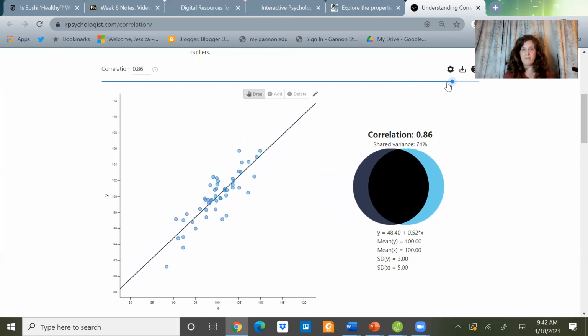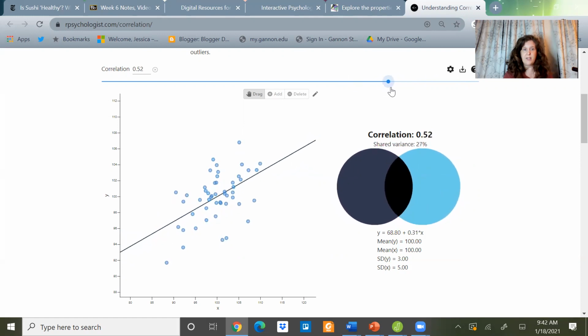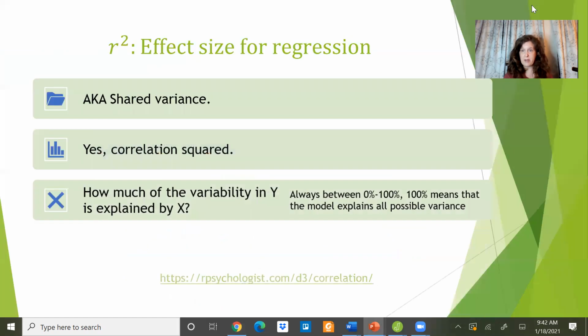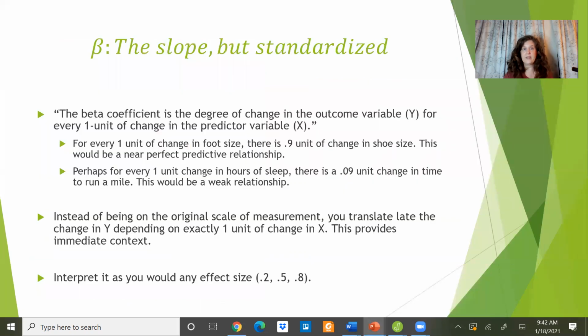But again, as a review, you can see how the slope and the y-intercept are changing in my data as well. So again, shared variance, Venn diagram, shared variance, r-squared. How much of the variability in Y is explained by X? Yes, it is just a Venn diagram, right? And the overlapping piece is what you're looking out for.